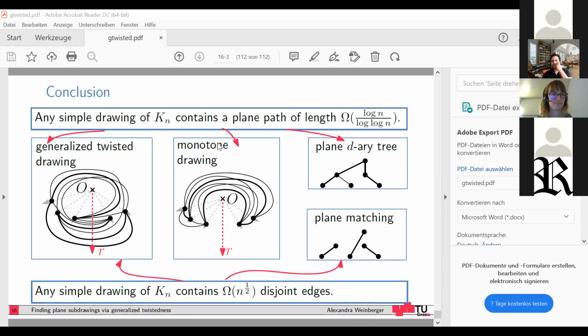Okay, so I have a few questions. I found the talk very interesting, and something that I'm happy to see is that it's one of the first times that I see that the structural theorems on plane drawings are being used to prove a result on drawings.